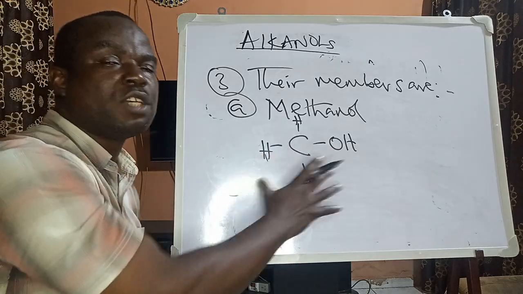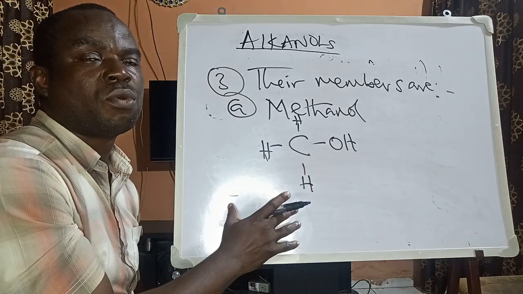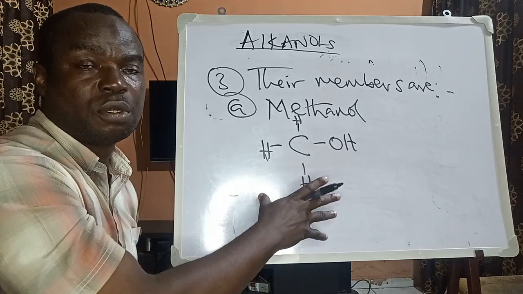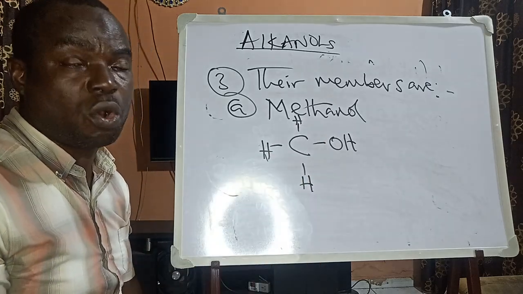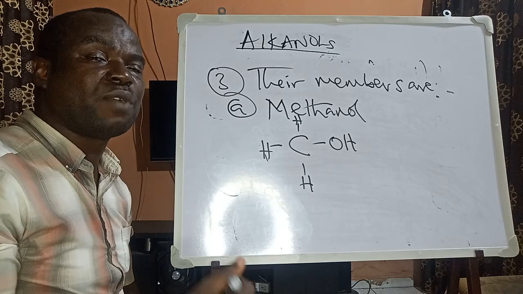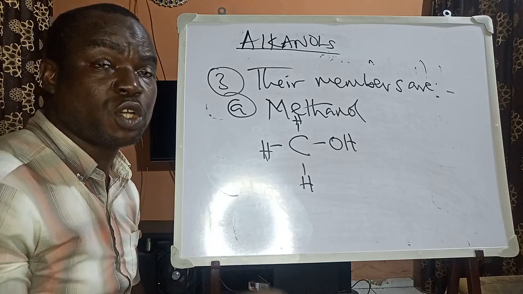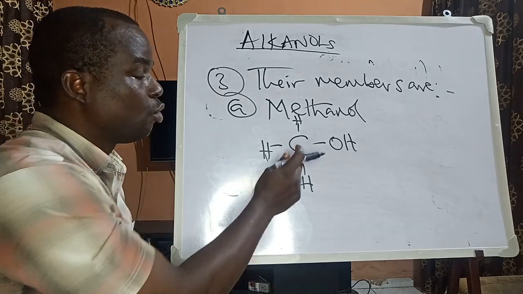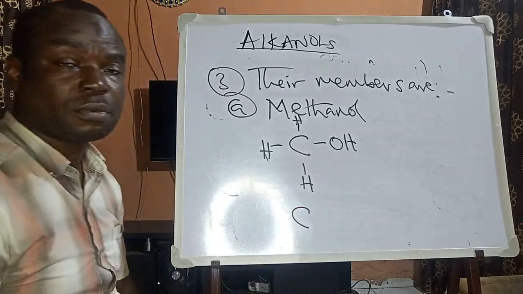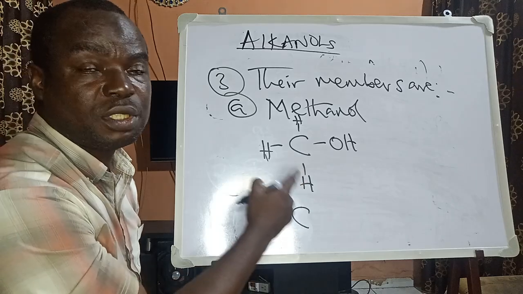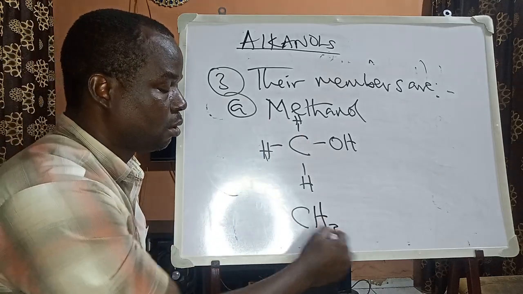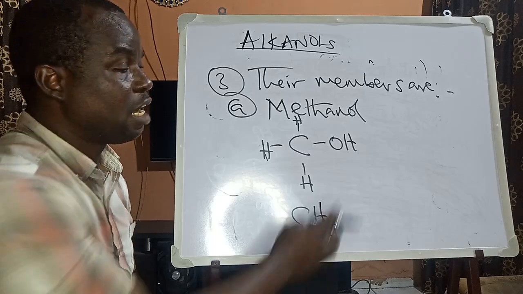But this is the Kekule structure. You know, Kekule structure is a structure where you spread out the hydrogen. But if you now want to do the line structure, which you have learned from your previous studies of organic chemistry, you bring down the carbon atom, count the hydrogen atoms, 1, 2, 3, that is H3. Then bring down the OH.